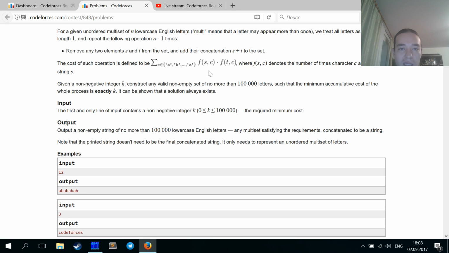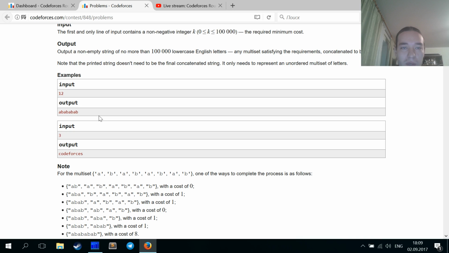So it actually doesn't matter which order of operations you do when constructing a string, because for each particular character, if there are k characters there, then the cost will always be k times (k-1) over 2.